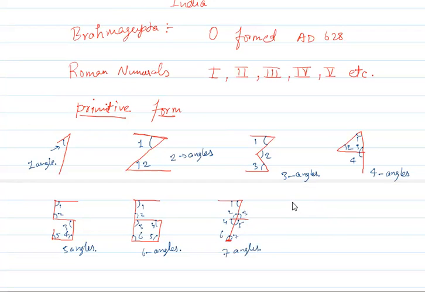Like this. Now count the number of angles. This is 1, 2, this is 3, this is 4, this is 5, 6, 7, 8. So a total of 8 angles, and hence this symbol is used to represent 8.